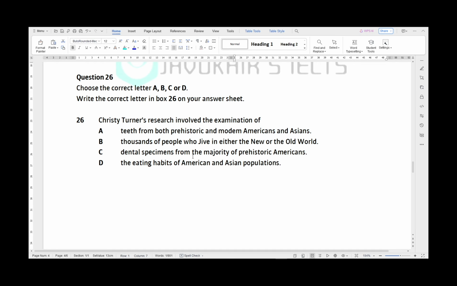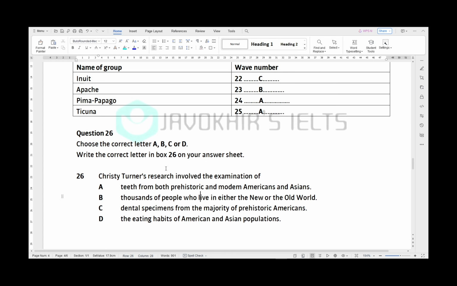Christy Turner's research involved the examination of what? Teeth from both prehistoric and modern people. Thousands of people who live in either the New or Old World? Dental specimens? No. Eating habits of American Asian populations.